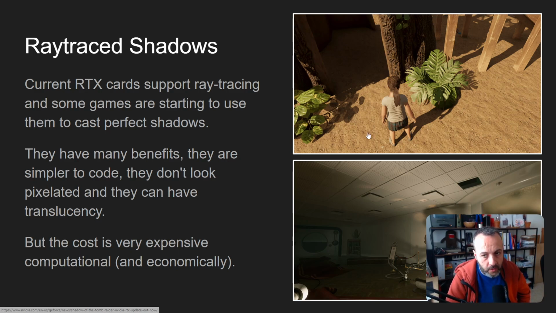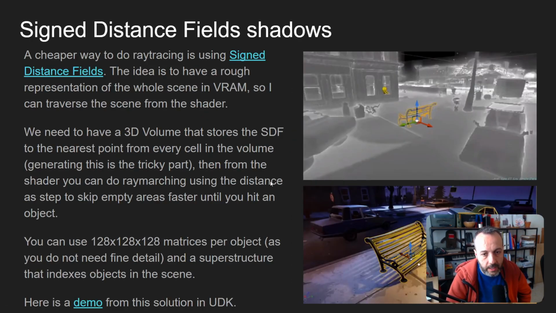And more cool tricks, also shadows for point lights super easily. There is one trick that Unreal uses for having ray traced shadows without using ray tracing, which is they store an SDF of the whole map.